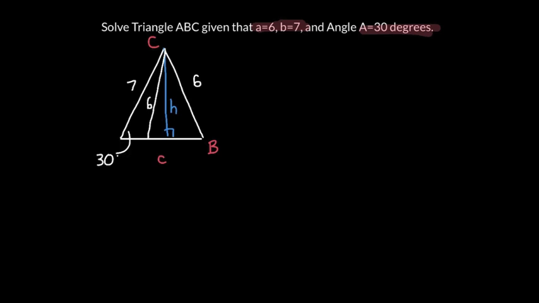So first we'll find angle B of this triangle, the bigger triangle, because that's the acute angle. You can use the law of sines to find the angle. So sine of angle A, which is 30 degrees, over little a, which is 6, equals sine of B over little b, which is 7.